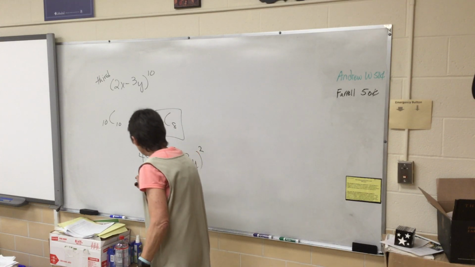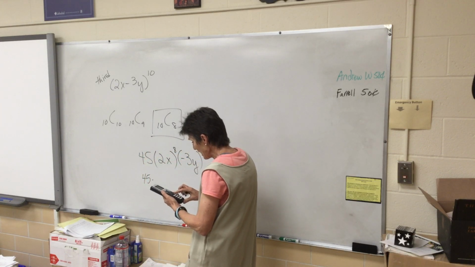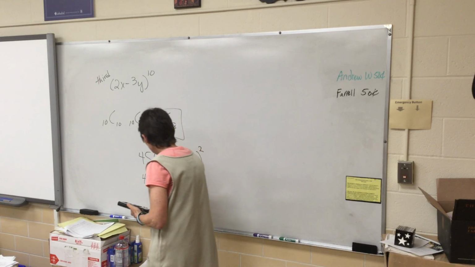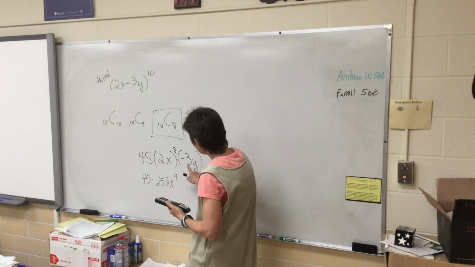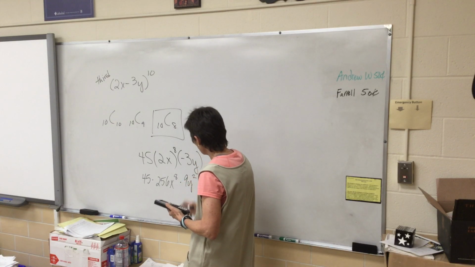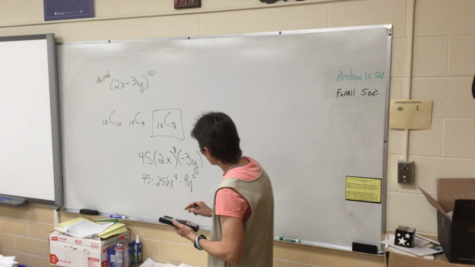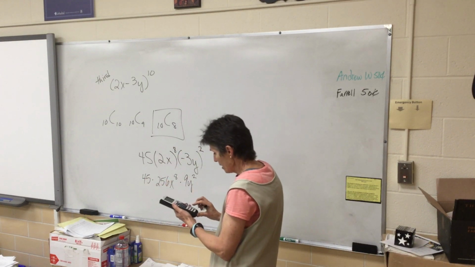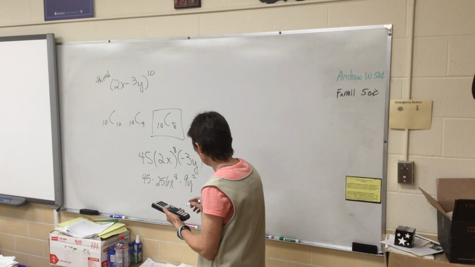All right, then I've got 45. Now, 2 to the 8th is 256, x to the 8th. And negative 3 squared is 9y squared, positive 9y squared. So now I multiply 45 times 256 times 9.